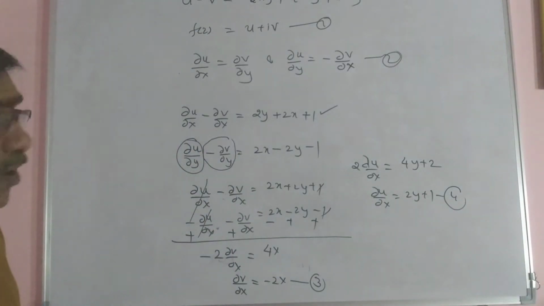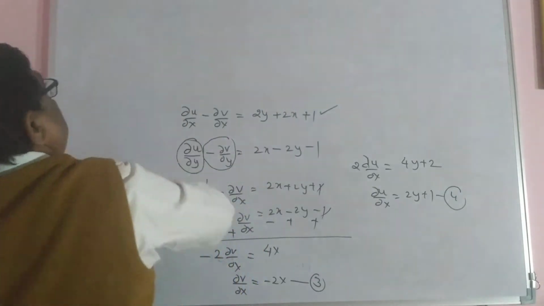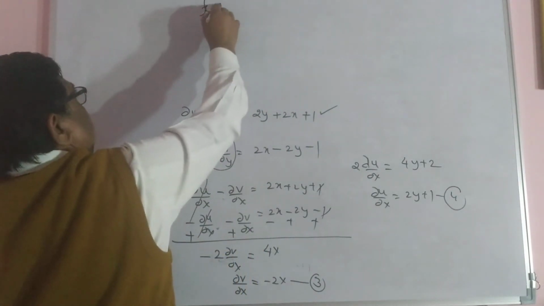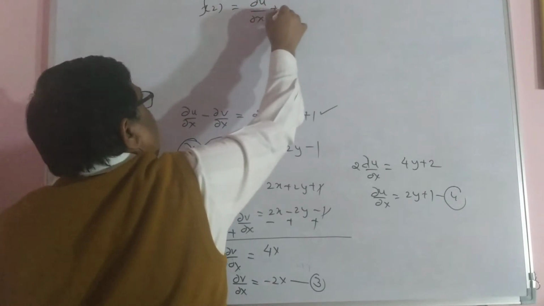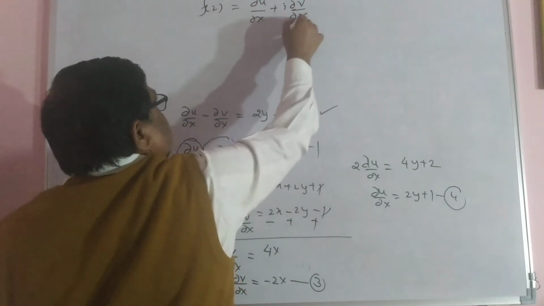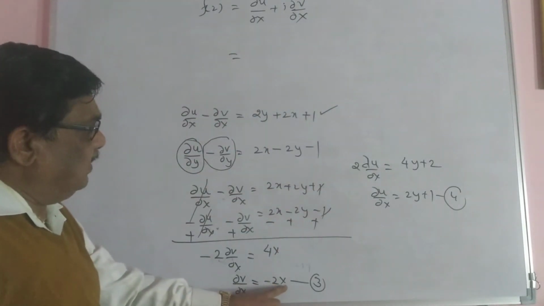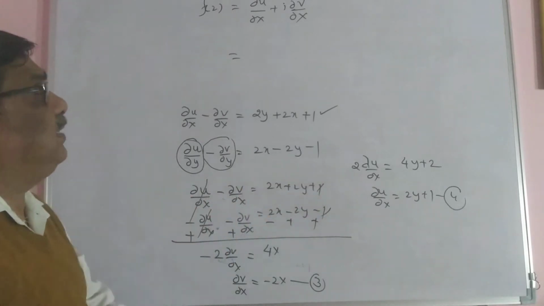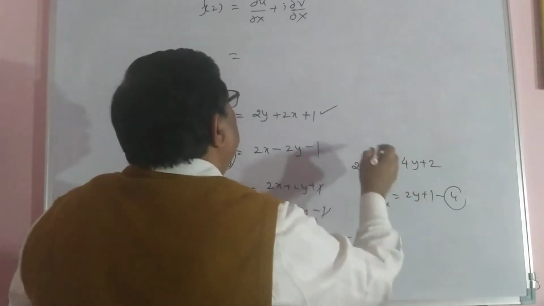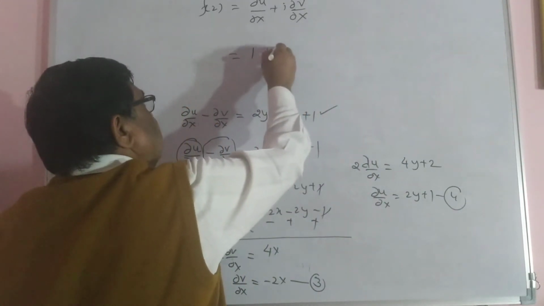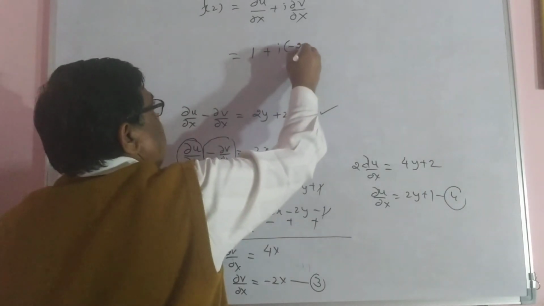Then f'(z) equal to ∂u/∂x plus i ∂v/∂x. And in these two equations, wherever x is there, put z, and y is 0. For x put z, for y put 0, here it is 0 plus 1, so 1 plus i times minus 2z, so minus 2iz.